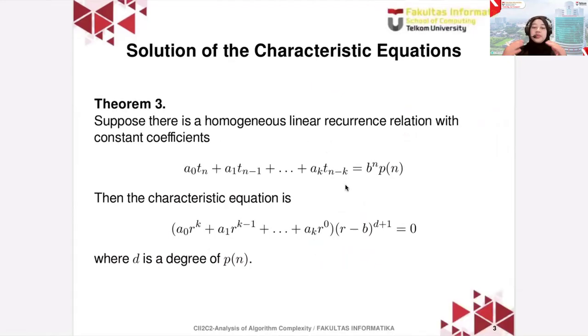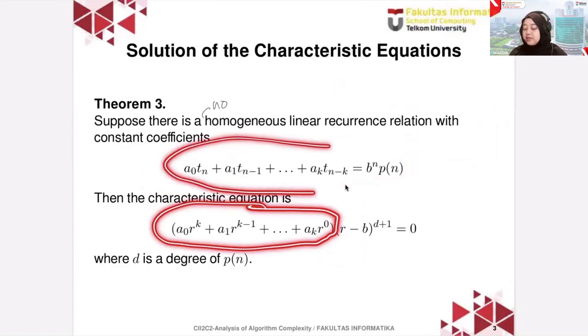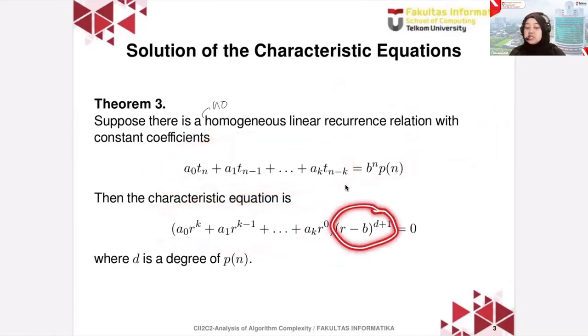Okay, so we have another theorem here. Suppose there is a non-homogeneous linear recurrence relation with constant coefficients. I'm sorry again, it's supposed to be non-homogeneous. Then the characteristic equation will be, this part exactly the same as the homogeneous part we learned last week. But now we have an additional factor, so it will be multiplied by this.